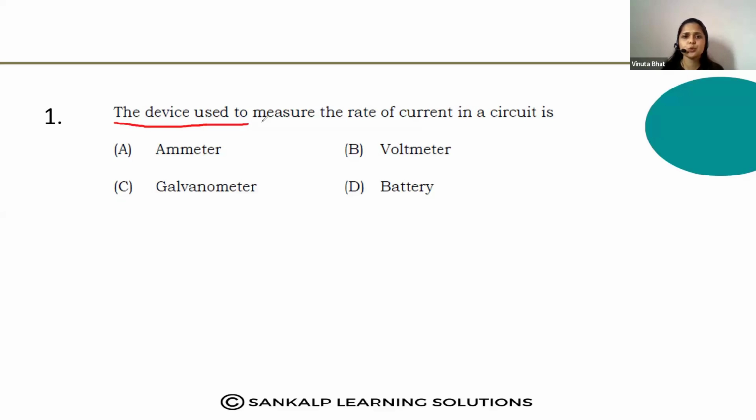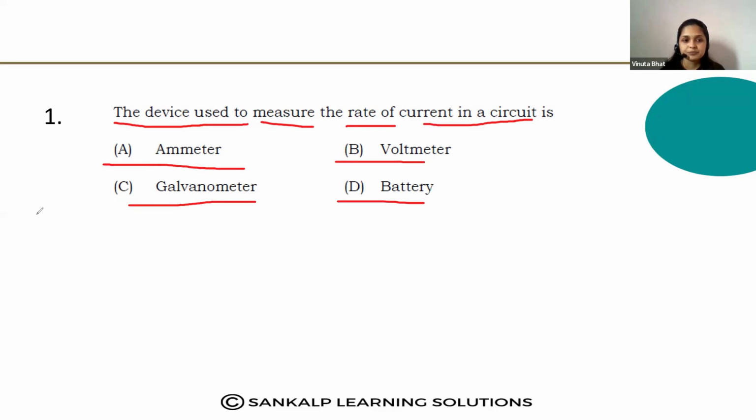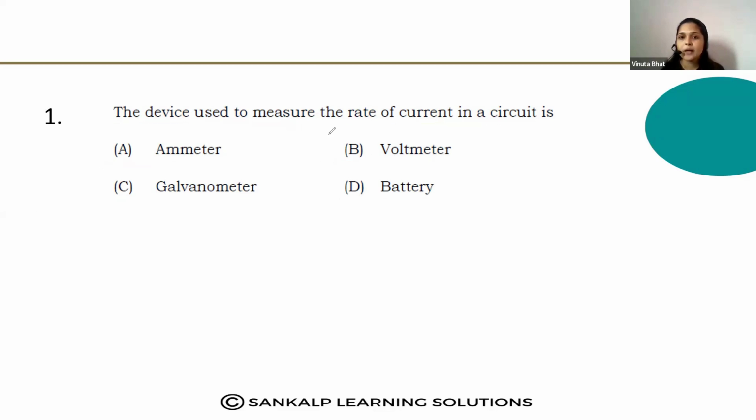The device used to measure the rate of current in a circuit is: option A, ammeter; option B, voltmeter; option C, galvanometer; option D, battery. Here, voltmeter is used to measure the potential difference.